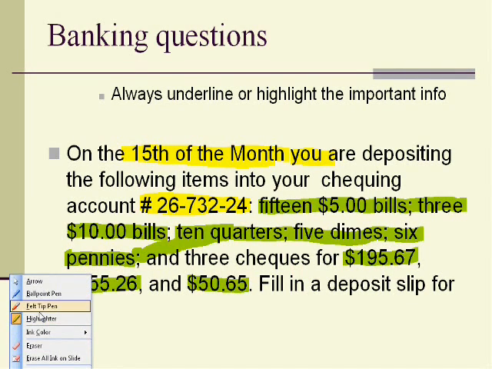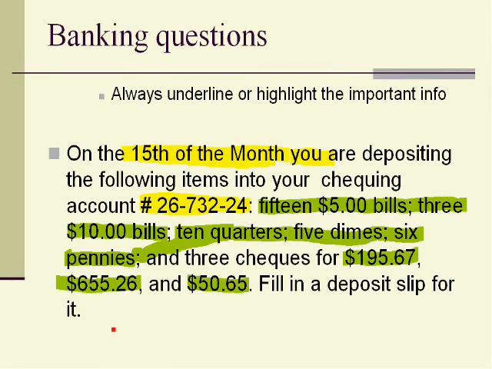So 10 quarters would be $2.50. 5 dimes would be 50 cents. And 6 pennies would be 6 cents, which means in my change I would have $3.06 in change.